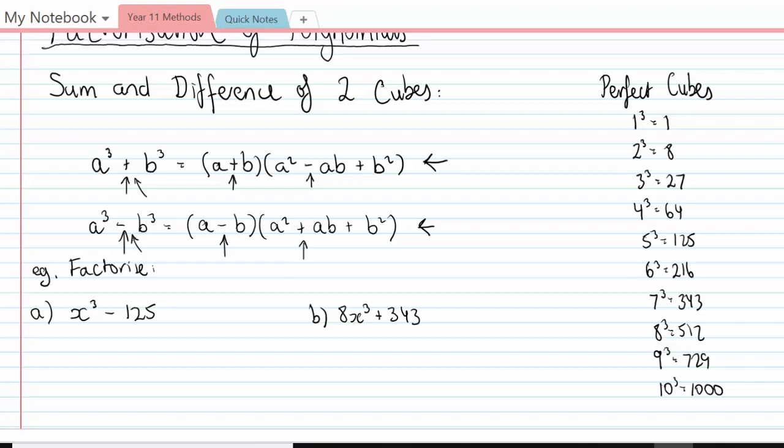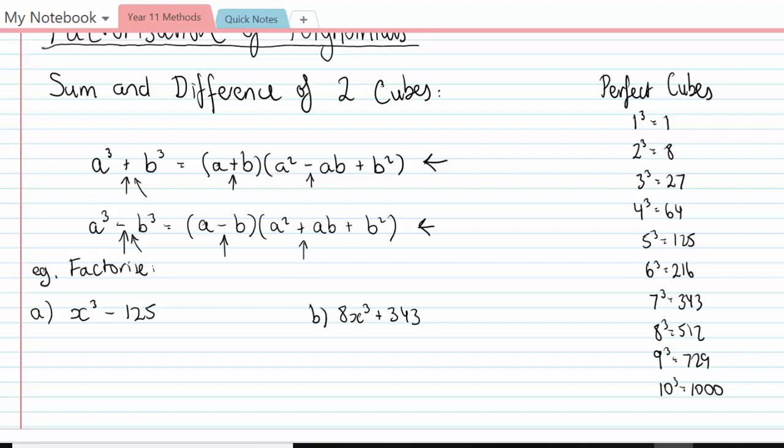I think when you're getting up to like 8 cubed, that's quite a high number, 512, but that's a really easy one to know because it's just a computer number. So if you're familiar with computers and how they work, then you would probably recognize the 512 there. Obviously 10 cubed is a nice easy one. So there should only be a couple of numbers there that you really need to commit to memory.